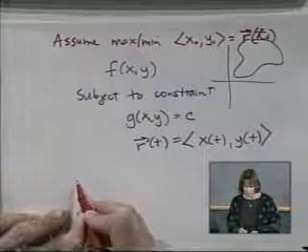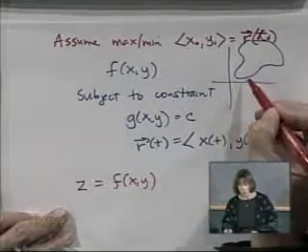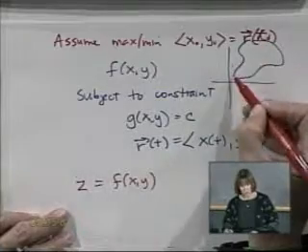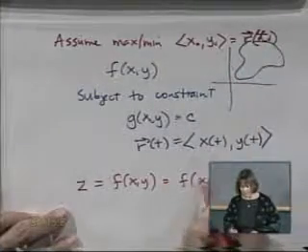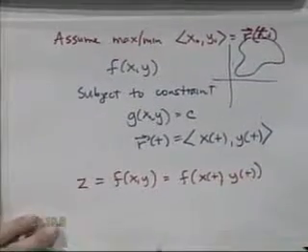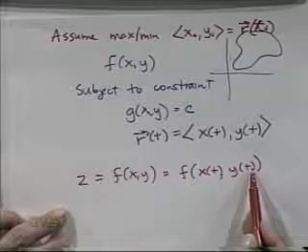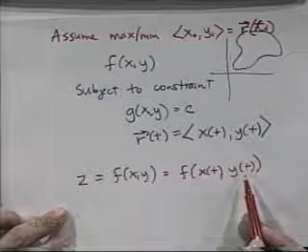Well, notice this function z equals f of x, y. Since we're only allowed to use those points that are on the curve, we could look at this as f of x of t comma y of t. If x is a function of t and y is a function of t, f is really just a function of t.